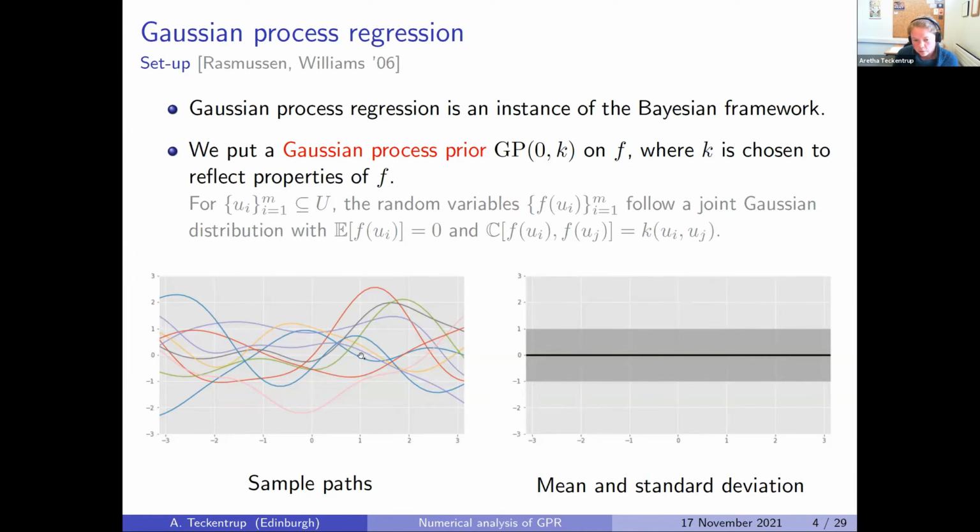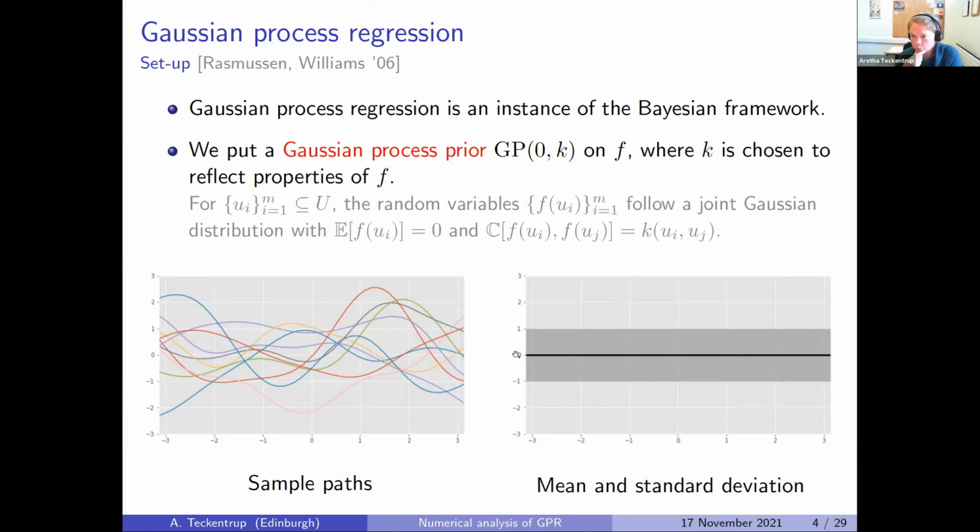Okay. If you think about it more visually, you have these two visualizations here. You now have a random function, so you can draw sample paths or realizations of this random function. They would look something like this. On the left-hand side here, we have different realizations of the Gaussian process f. And you can also think of it in terms of the mean and the standard deviation. In this case, we've chosen the mean function to just be 0.